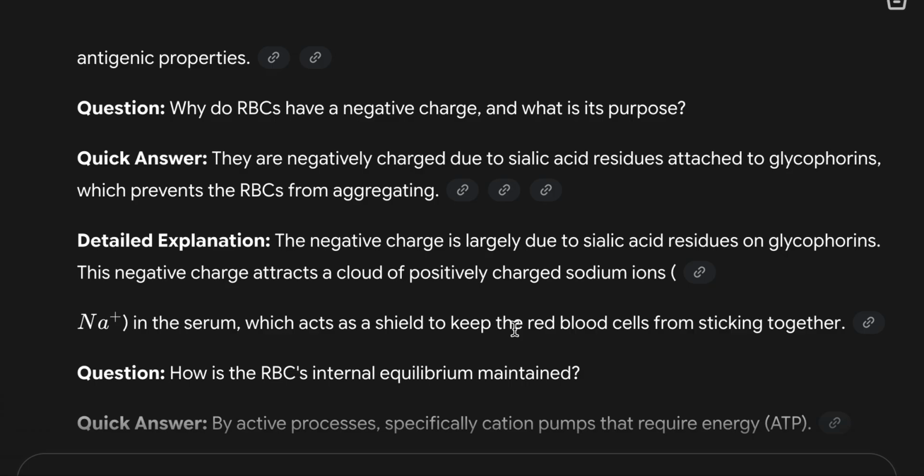They are negatively charged due to sialic acid residues attached to glycophorins. So glycophorins cause the negative charge, which prevents the red blood cells from aggregating or clumping. So each red blood cell is negatively charged, and that means that they repel one another.